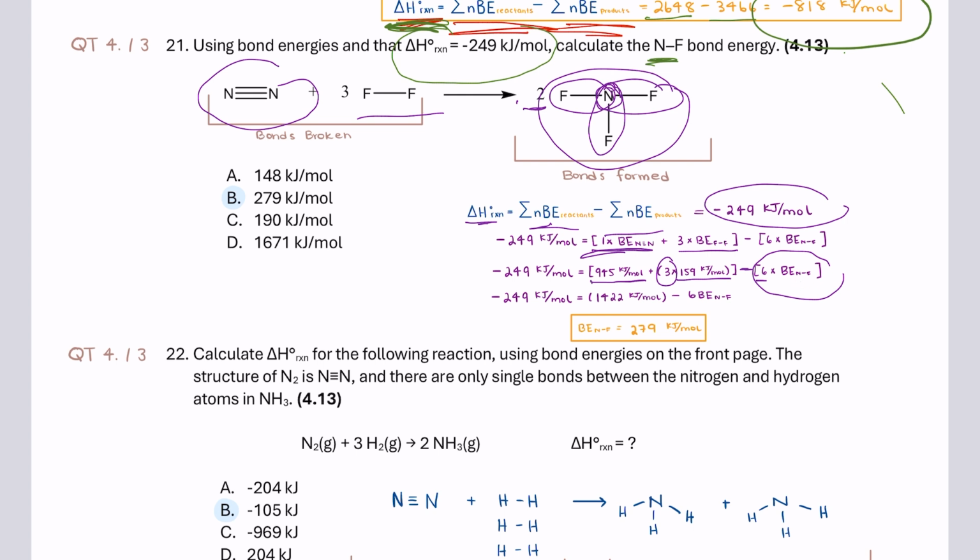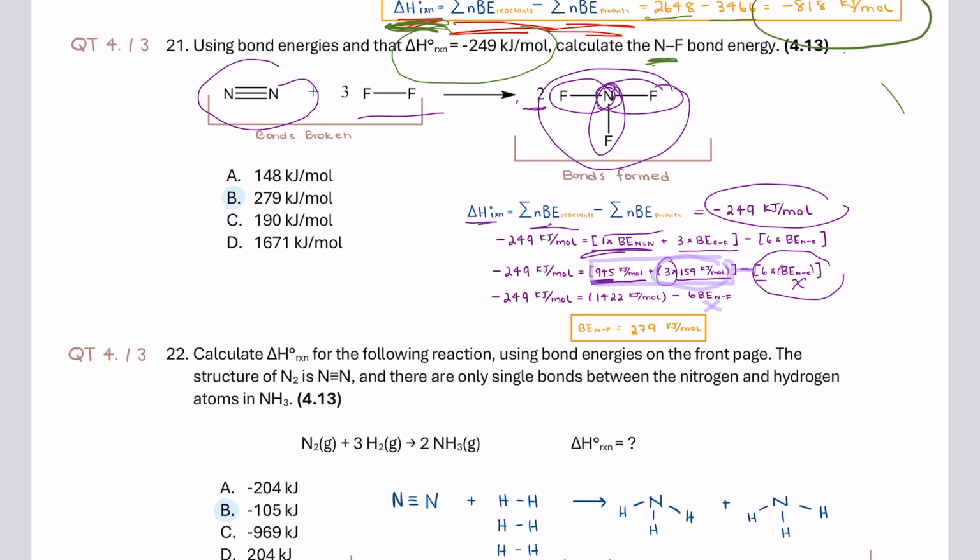So we add this into our equation. Since the bond energy for nitrogen-fluorine is what we're looking for, we're going to call that value X. So now we have 945 kilojoules per mole plus 3 times 159 kilojoules per mole. We take the sum of that. That sum is then subtracted by 6X.